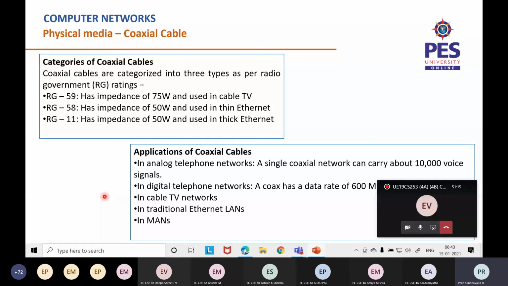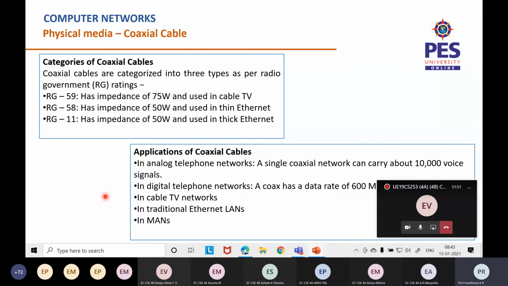RG 59 has an impedance of 75 ohms and is used in cable TV. So what is impedance? The effective resistance of an electric circuit. You should have studied this in electricals, I believe, the resistance of an electric circuit. When it comes to the RG 58 category cable, it has an impedance of 50 ohms and is used in thin Ethernet. When it comes to RG 11 cable, it has an impedance of 50 ohms and is used in thick Ethernet.